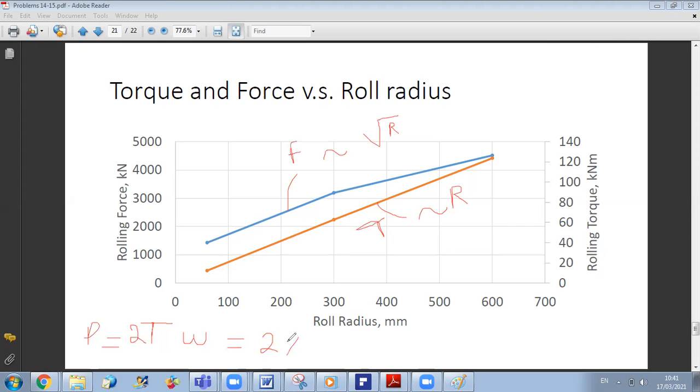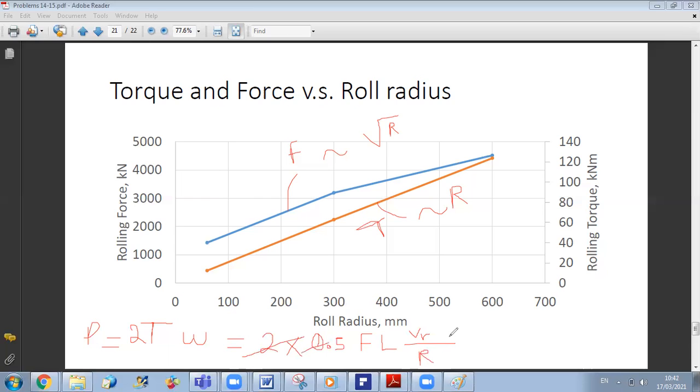So it's 2 times 0.5 times F times L. And omega is the roll linear velocity over the radius. So now, 2 times 0.5 is 1.